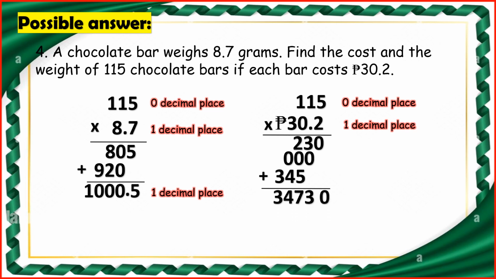So the answer now is 34,730. But in our factors, there is 1 decimal place. So we will put the decimal point before 0. So the answer now, or the total cost of 115 chocolate bars, is 3,473 pesos.